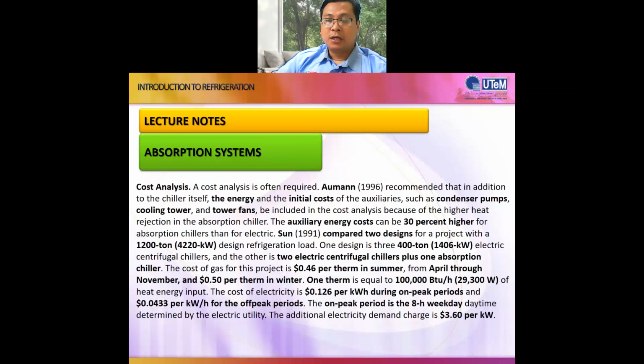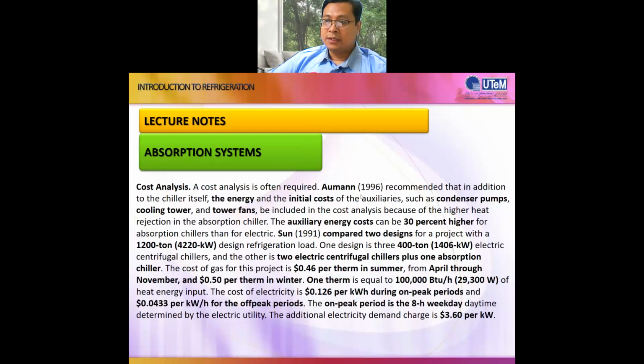So this may be used for the biggest refrigeration plants, where we can invest more in costing. But the operation will be low cost; only the first-time cost will be higher. So a cost analysis is often required.